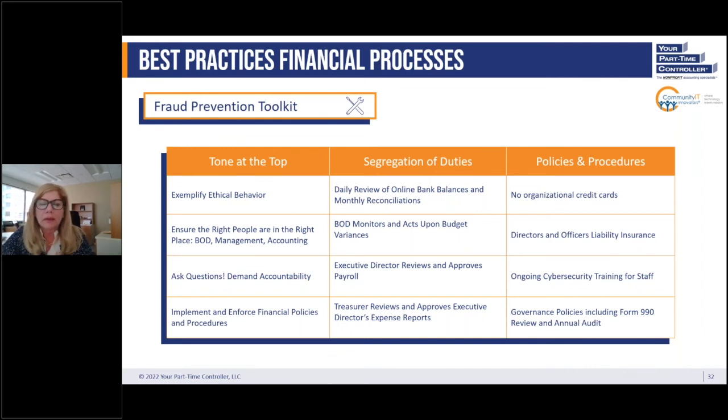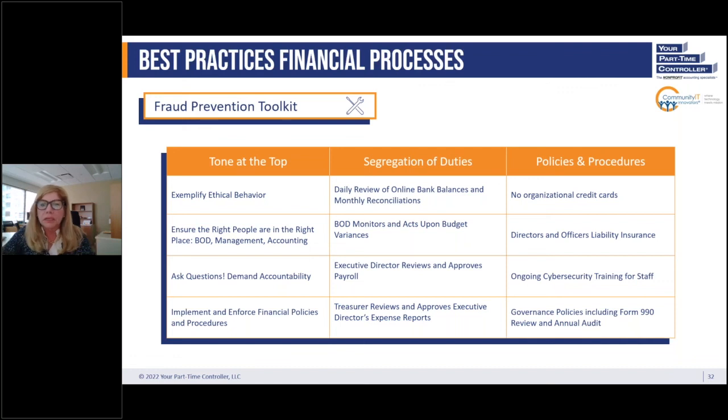And of course, having all the checks and balances, having the board look at things that the executive director is approving. And then in terms of policies and procedures, again, make sure that you have the cybersecurity insurance, also the D&O, the directors and officers liability insurance, and the cybersecurity training. It's not just an annual thing, it's ongoing and constant and keeping everyone on their toes.